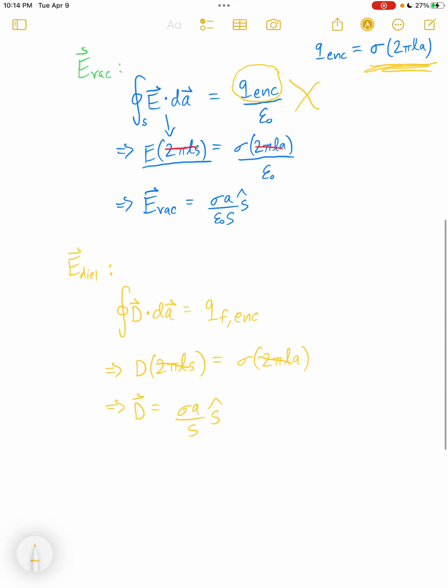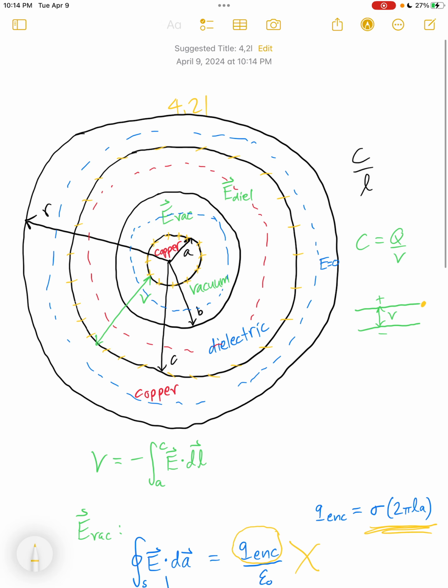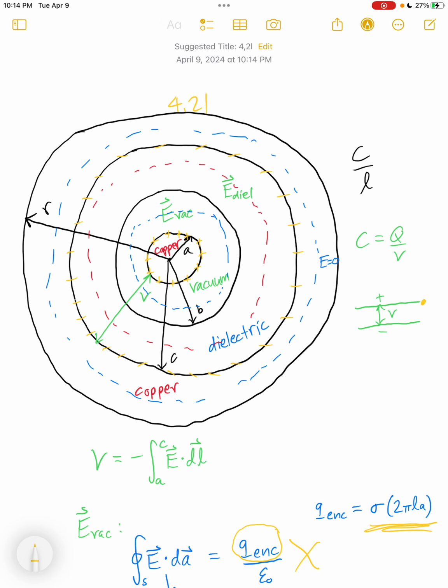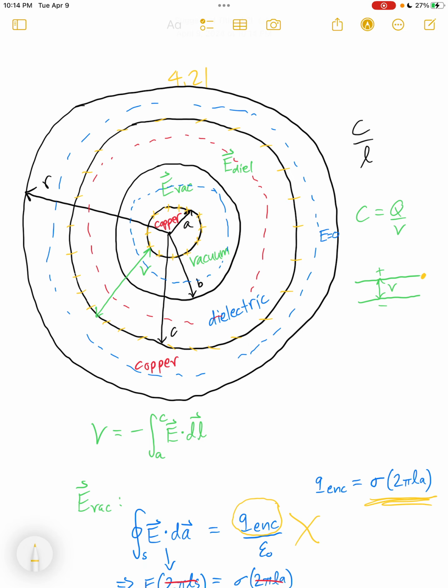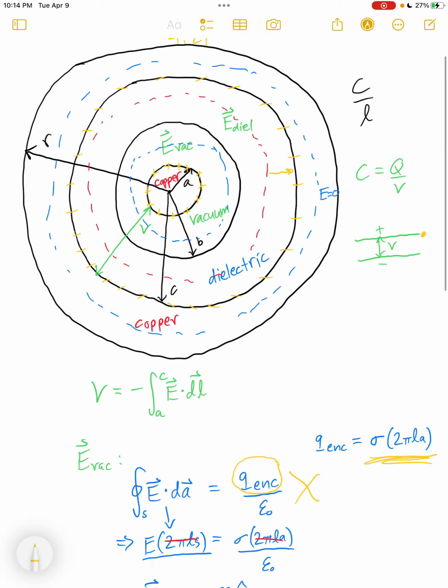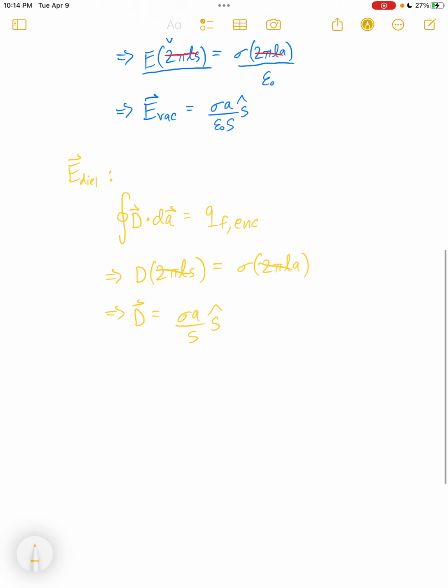It's radially outward, and we can reason this because we know that electric field points from positive to negative. That means the electric field within the dielectric is going to be in this radially outward direction. And we know that electric displacement then must also be in that direction because of this equation, which is actually what I'm going to use to find the electric field.